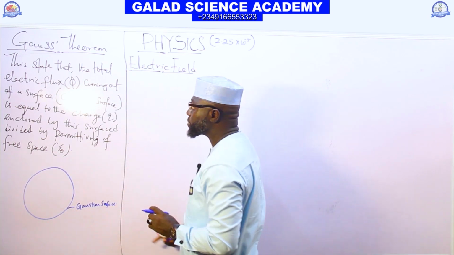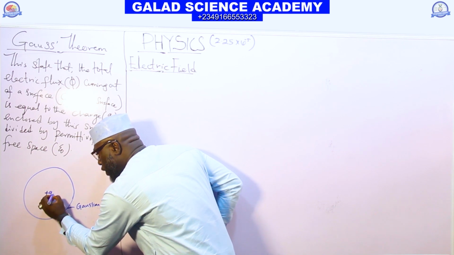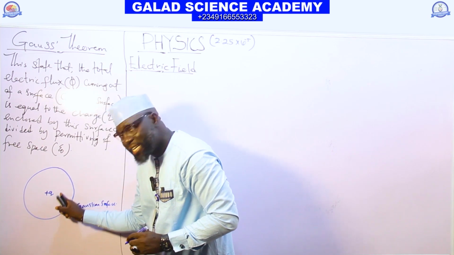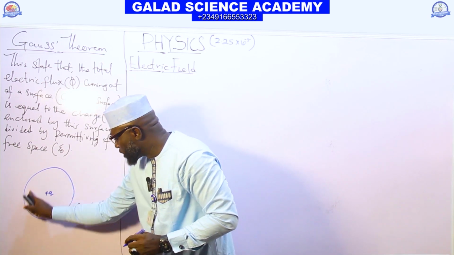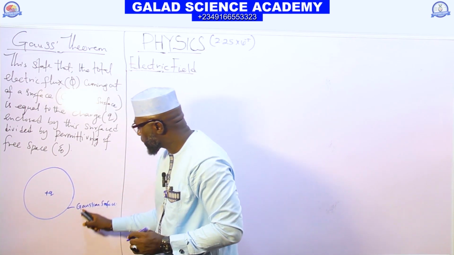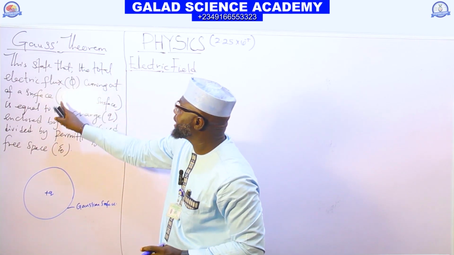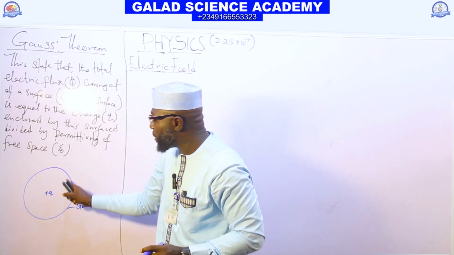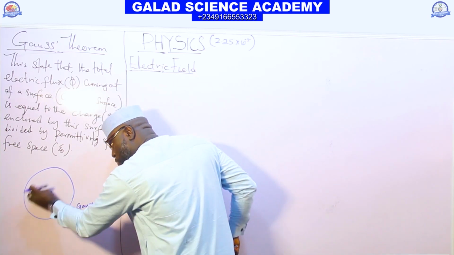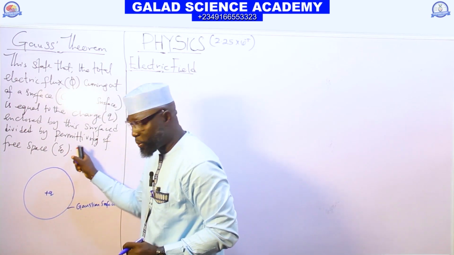So if you now place the charge Q here, the charge Q is placed inside the spherical surface, which is the Gaussian surface. So the Gauss theorem now says that the electric flux that's coming out from this surface will be equal to the total charge inside the surface divided by the permittivity of free space.